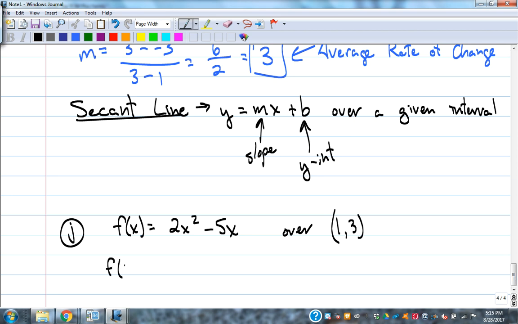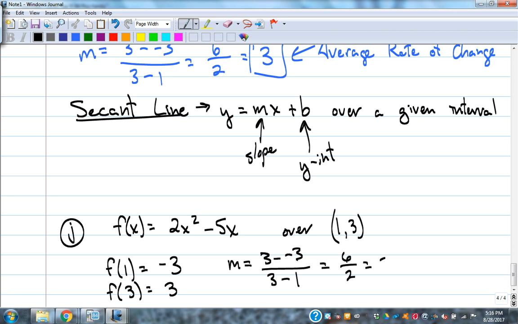We find f of 1 and get -3. We find f of 3 and get +3. So we have those two ordered pairs. We did the work just a minute ago: 3 minus -3 over 3 minus 1 is 6 over 2, which is 3. That's our slope. How do we find the y-intercept?